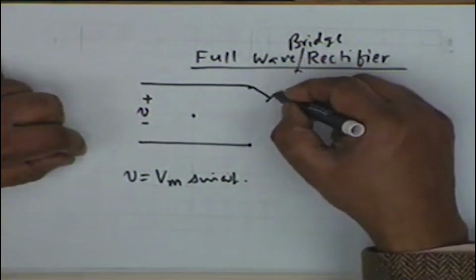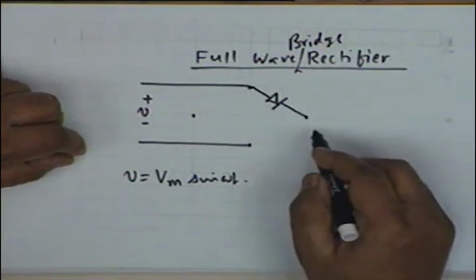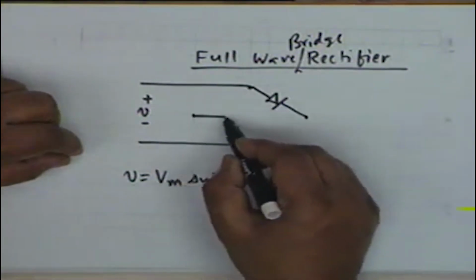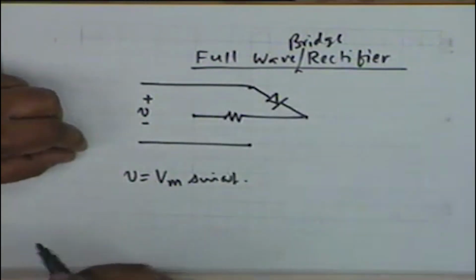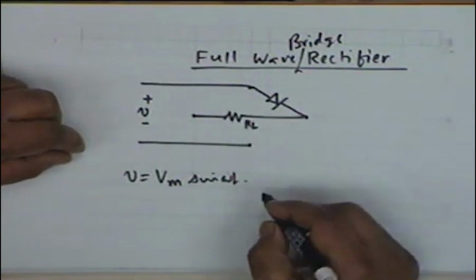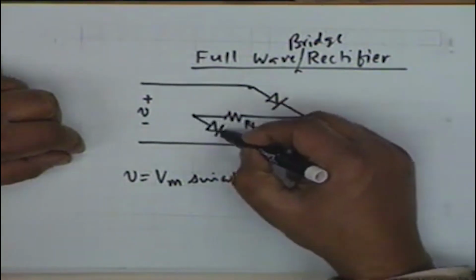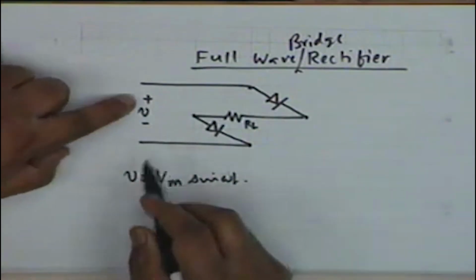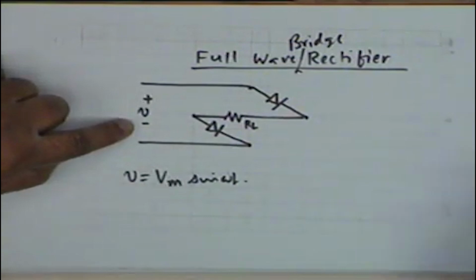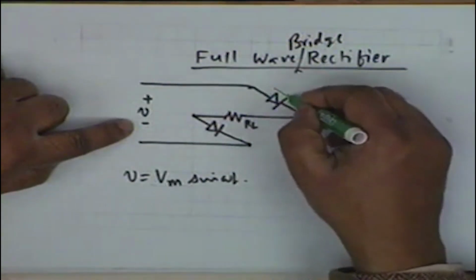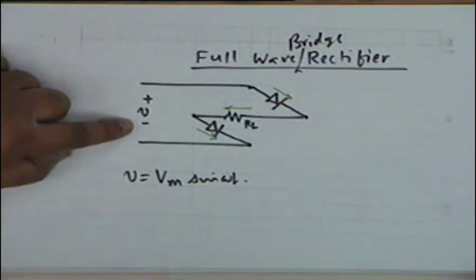This is achieved like this. You have a diode here, then the load is connected between the other diagonal of the bridge. This is the load RL, and another diode is connected like this. So when v has this polarity, the current flows like this, then through RL and then through this.